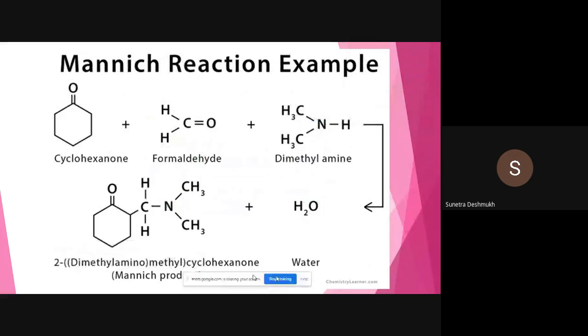Which starting materials can we use for the Mannich reaction? We have seen a non-enolizable ketone, formaldehyde.